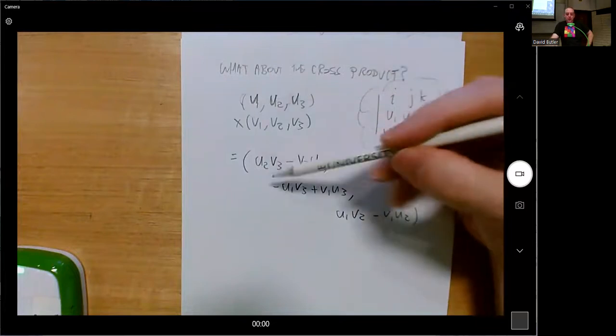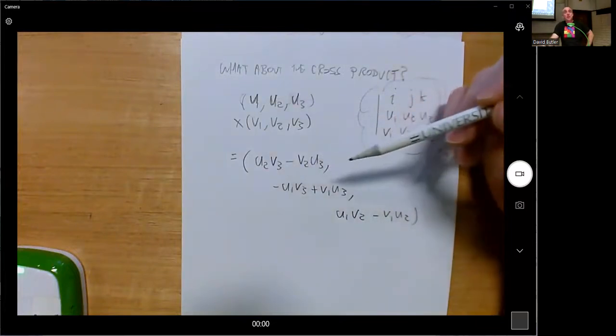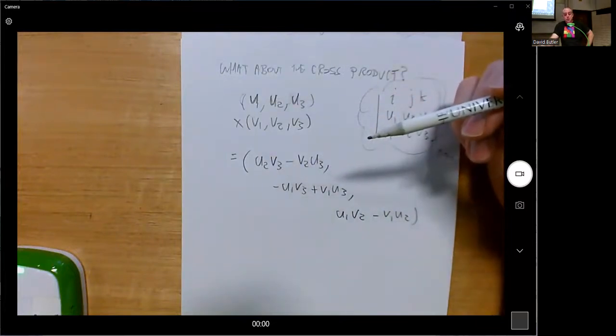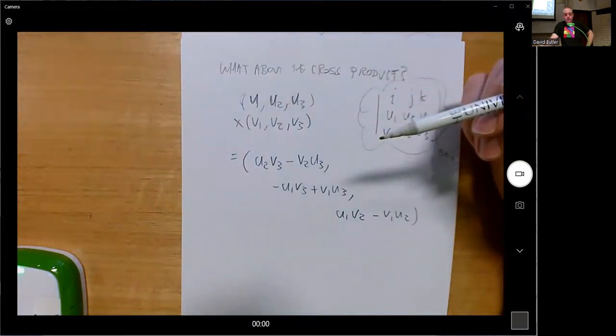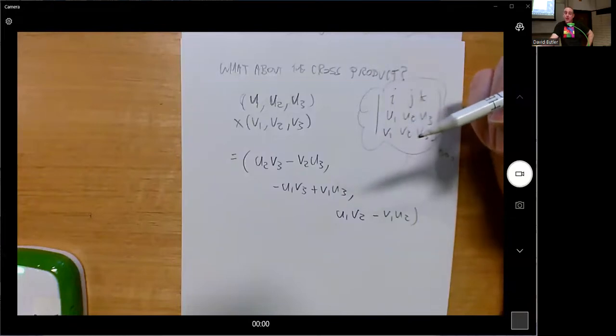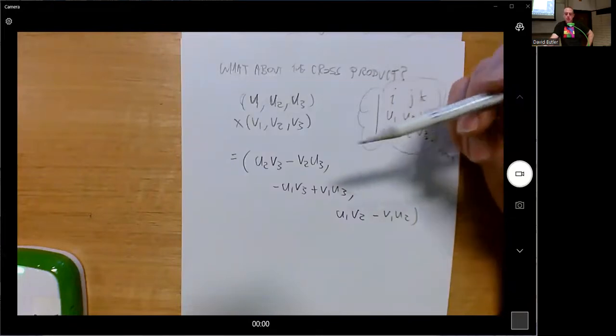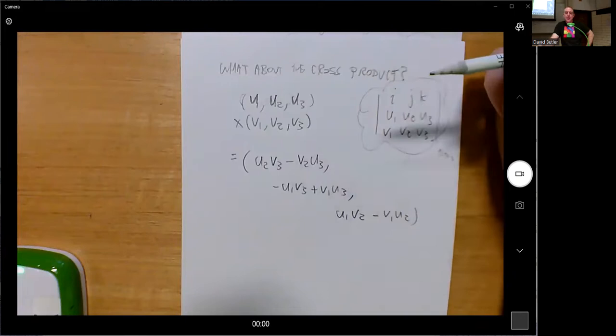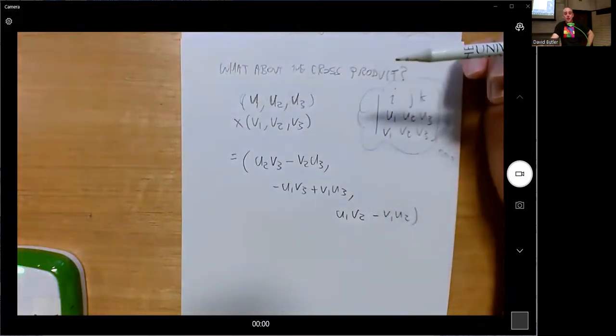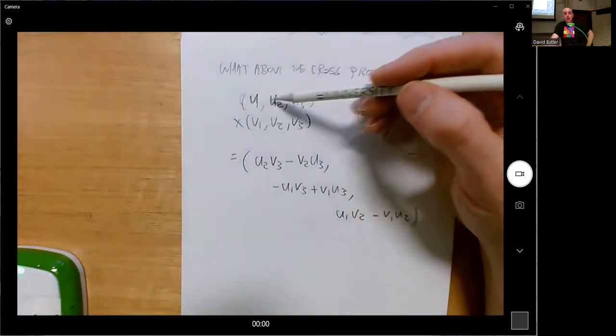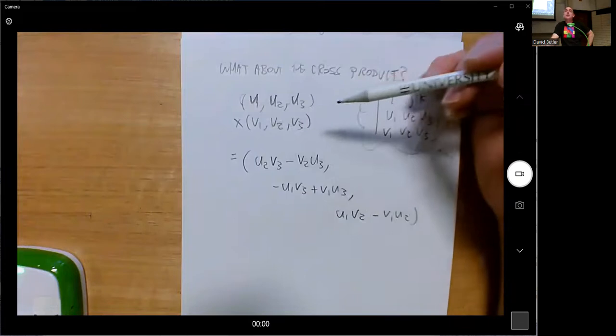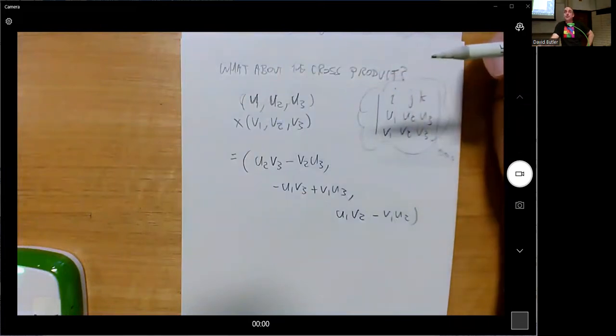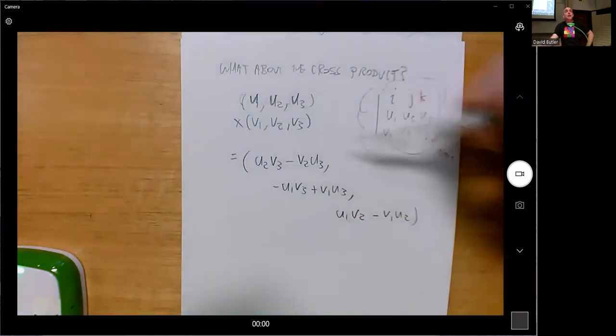I've got a 2 and a 3 here and a 2 and a 3 here. That's good. Of the possible ways of multiplying pieces of this with pieces of this, of which there are 9, we only have 6 of them in this formula here.